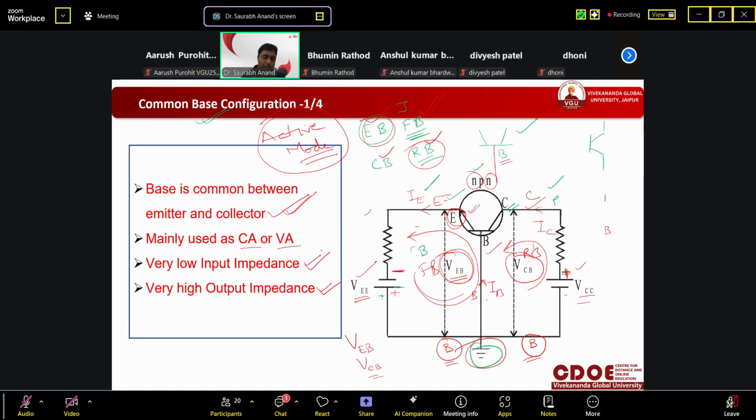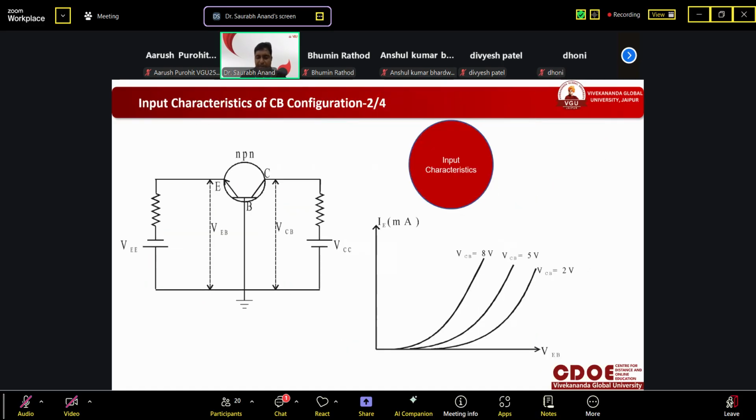Somewhere we want low input, somewhere we want high output, or high input, low output. Accordingly, this circuit provides low input impedance and high output impedance. So we have to remember, whenever we need low input and high output impedance, we should prefer common base configuration.